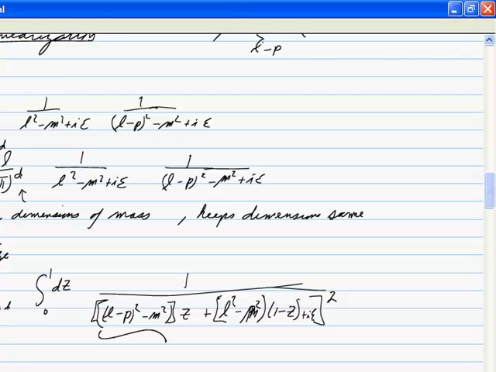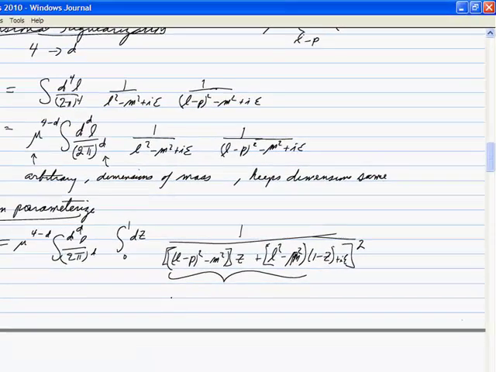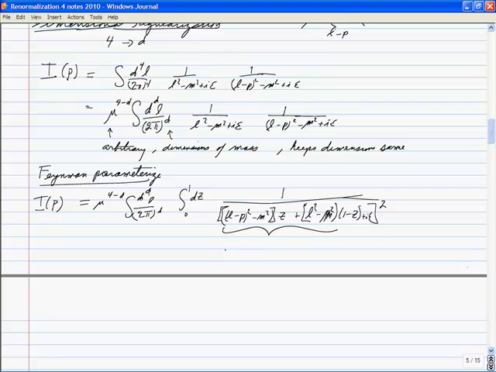This can actually be simplified. The L squared piece comes with z plus 1 minus z. The M squared piece comes with z times 1 minus z. So those are the same.